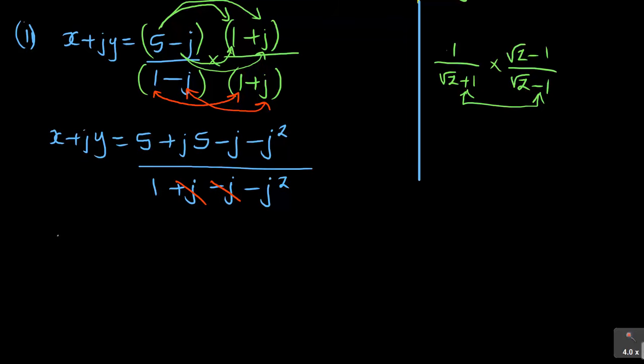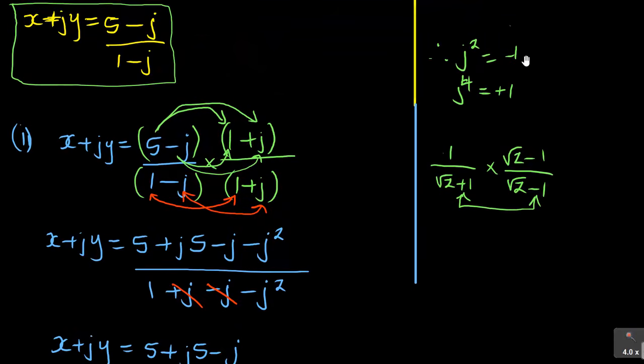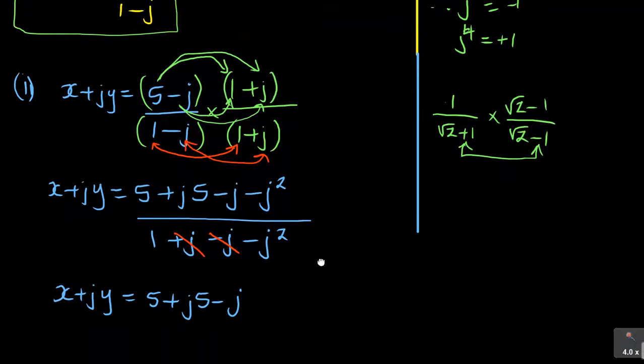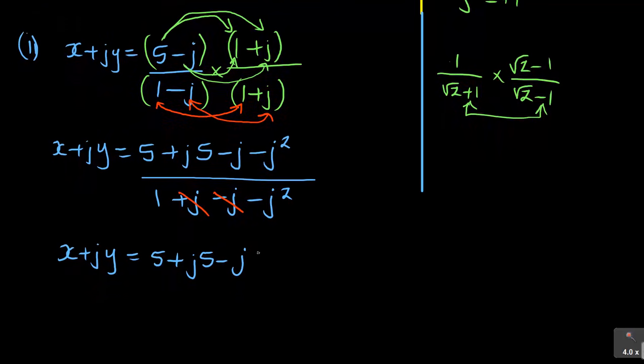So what you have is x plus jy is equal to 5 plus j5 minus j. Now remember we said j squared was equal to minus 1, we just did it here. So I'm going to have here minus 1 over, which is 1.